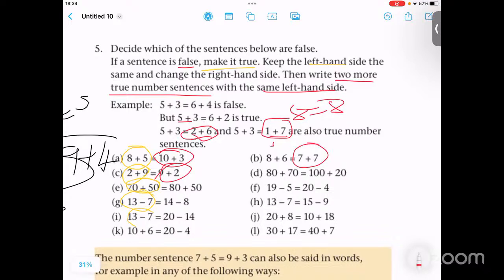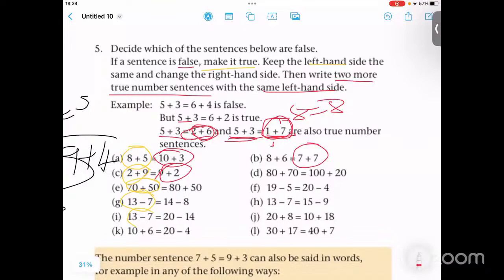When you have a 6 and you add 2, you get 7, 8. So you see, both of them are 8. So you see that the change that was done here was only on the right, but the left was kept the same. 5 plus 3, 5 plus 3.